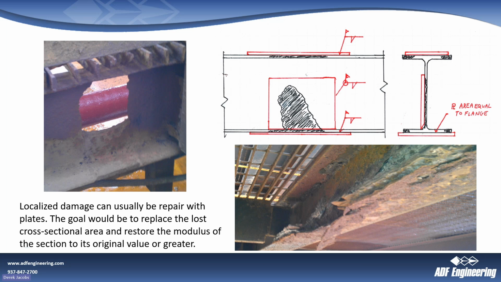adding additional plates. Usually we're going to assume that the area of the flange, or this plate that we're adding to the flange, is at least as much as the original, especially if the corrosion is very bad. So say, if this is 5 inches by 1/4, we'll want to use at least a 1/4 inch plate and go a little bit beyond.